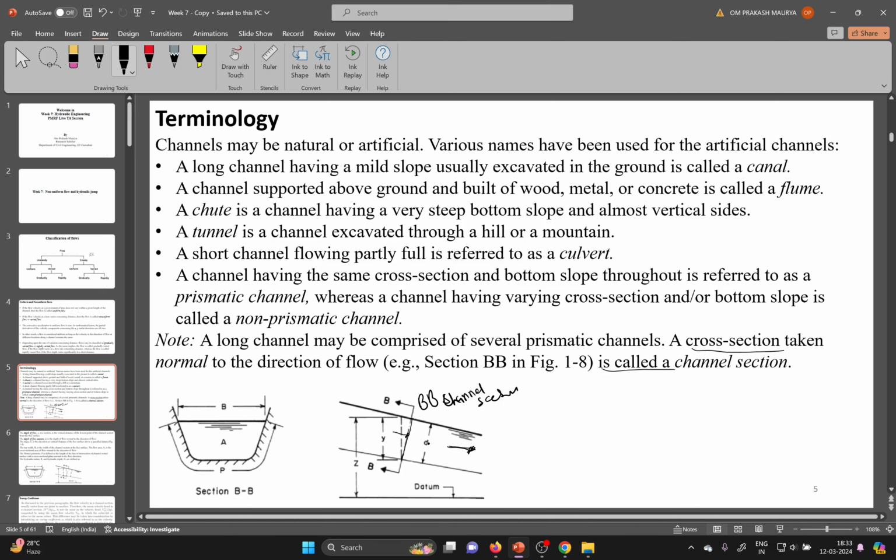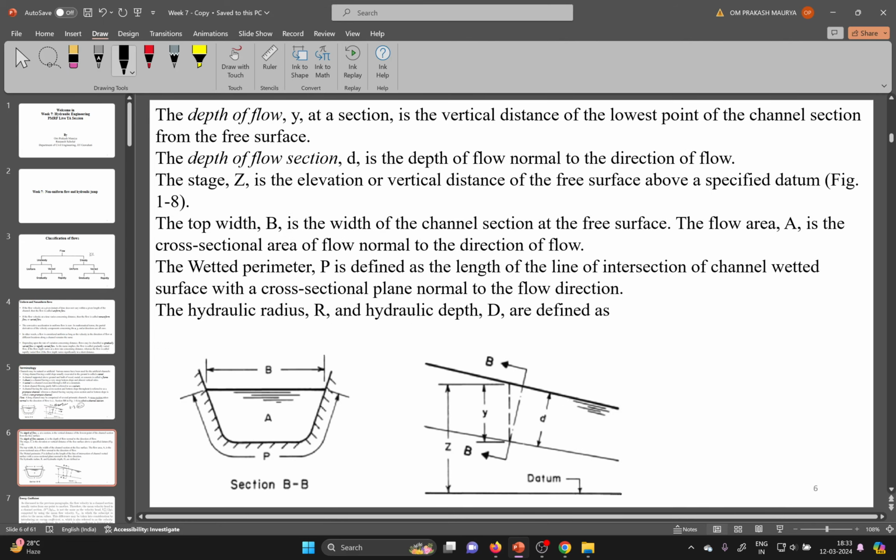Sometimes here you can see the difference between D and Y, but sometimes we can take D and Y as equal when theta is very small. Generally, in practice, theta is very small, so we always take D equal to Y. Okay.